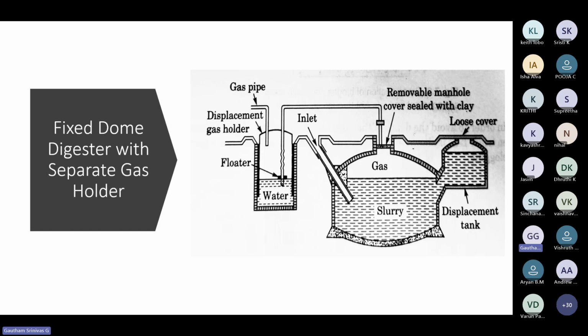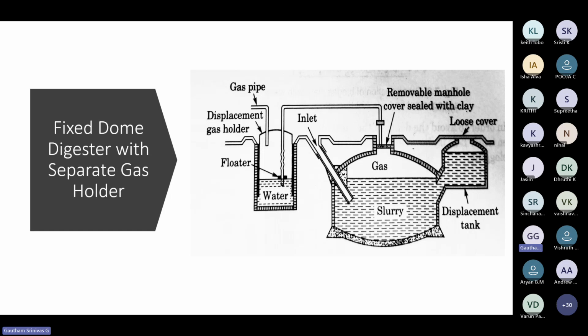This is another fixed dome digester, but there is a separate gas holder here. It's kind of a mix between the two. You have a fixed digester here, and the gas is stored over here, but from here there is another gas holder where you have a water seal, and it rises to this drum over here.